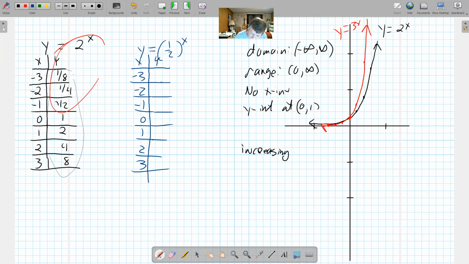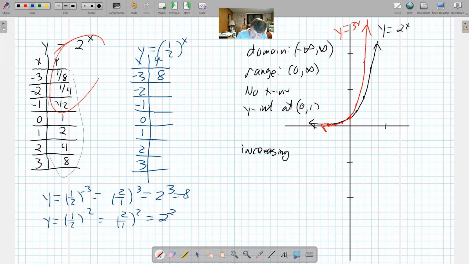All right. So if x is -3, I'm going to write these down here. y equals 1/2 to the -3 power, which would be 2 over 1 to the +3 power, or 2 cubed, or 8. If x is -2, y equals 1/2 to the -2 power, which is 2 over 1 to the +2 power, or 2 to the +2 power, or 4.